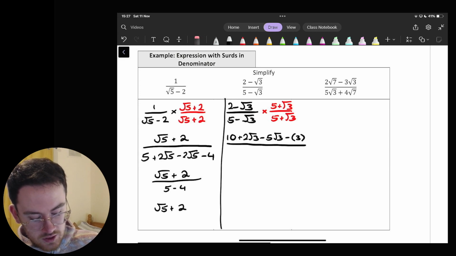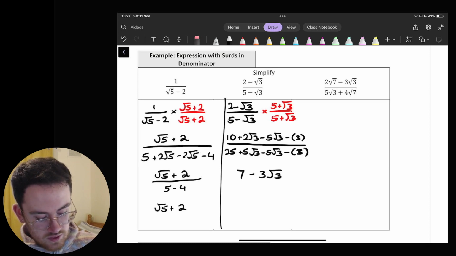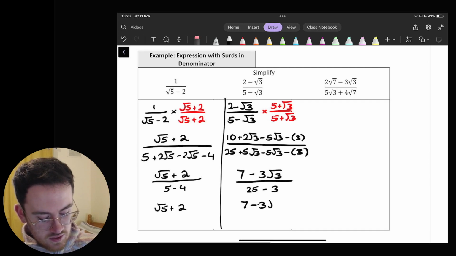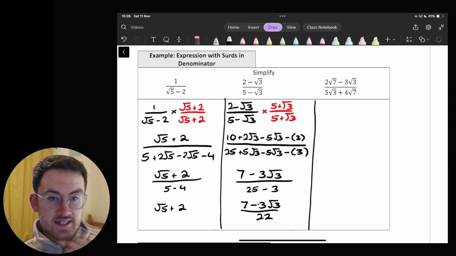And on the bottom, 25 plus 5 root 3 minus 5 root 3 minus 3 again. So that gives me 7 minus 3 root 3 all over 25 minus 3, which is 7 minus 3 root 3 over 22. Same idea again, and we have rationalized that to the fullest extent there.